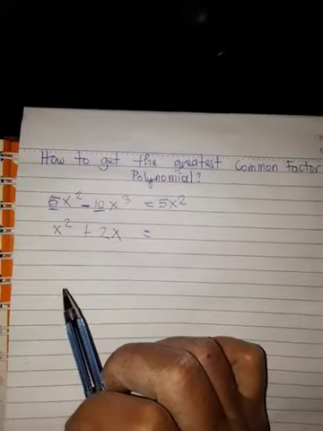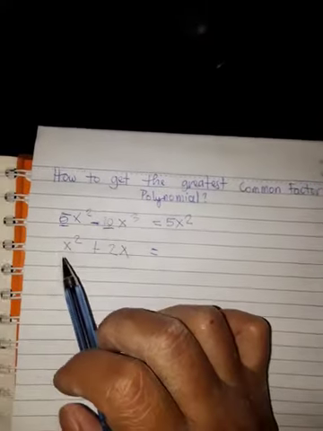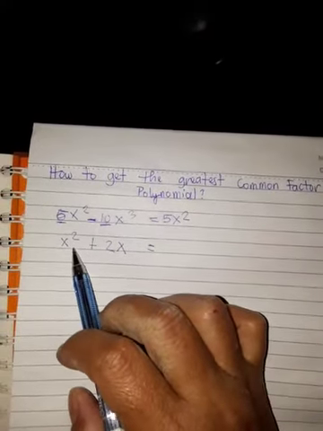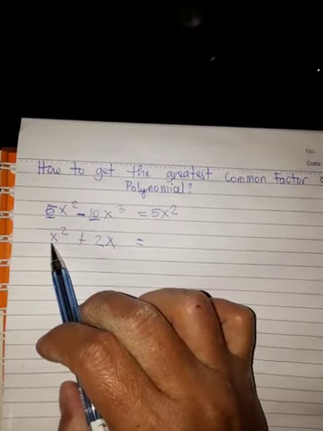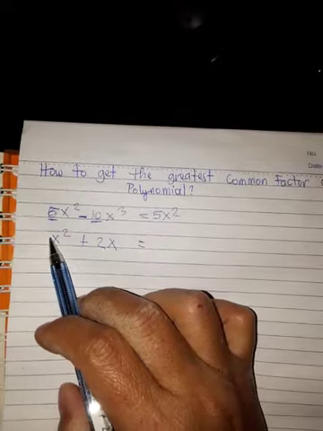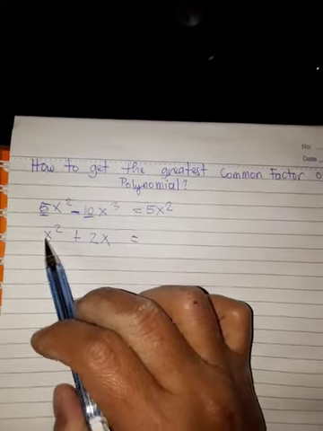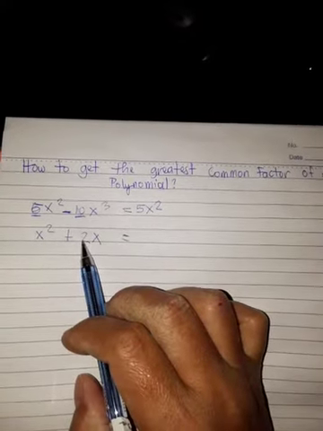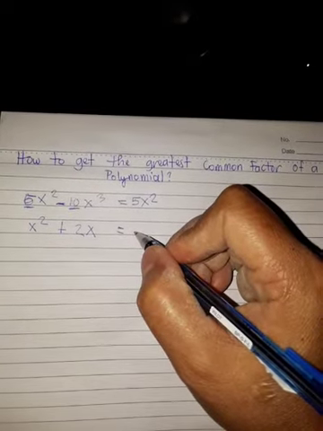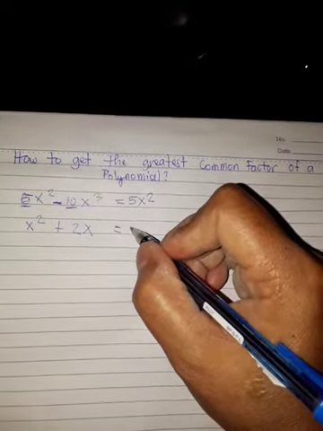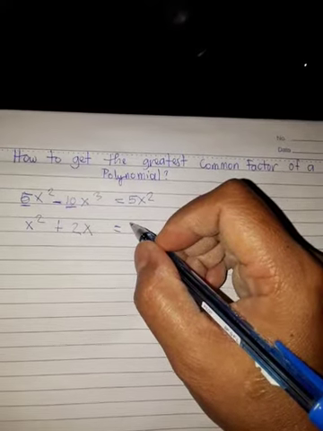Maybe you're asking, where is the 1? If there's no number written like in the first term, it automatically means that the number here is 1. And 2. Of course, the common factor of 1 and 2 is 1. So no need to write it.